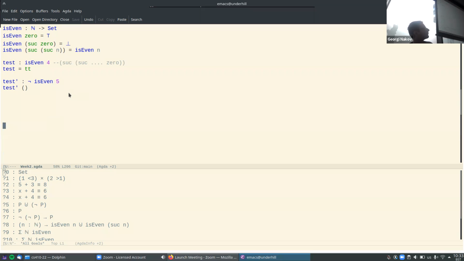But you can imagine that there might be more than one way to give valid evidence for a proposition, and we might be able to tell those ways apart. So here, we're writing a function that computes a set. Just from the type of is even, there's no guarantee that proofs of evenness are unique. We can see that the way we happen to have defined it ensures that proofs of evenness are unique.